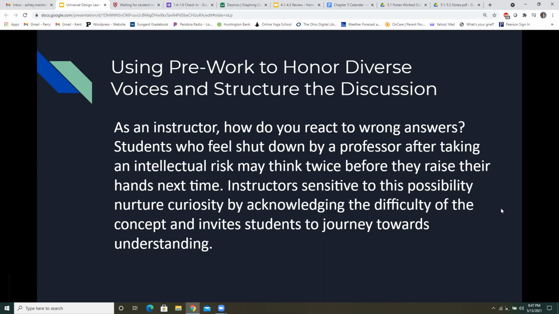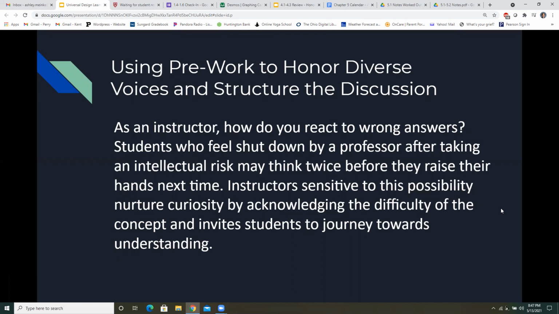Now, I know many of you as instructors may have encountered wrong answers, and I don't know whether you can enumerate the many ways you react to them. Sometimes students who feel shut down by a professor after taking an intellectual risk may think twice before they raise their hand the next time.